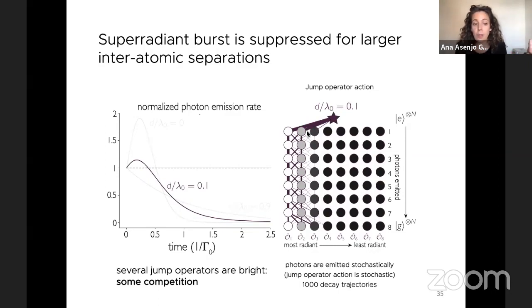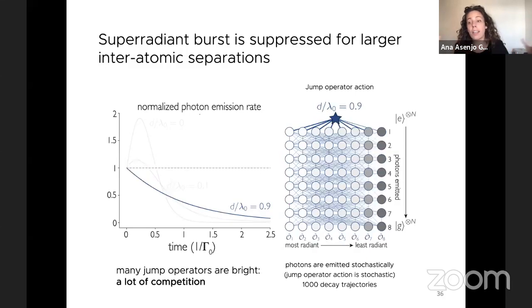This produces dephasing. When we have an even larger distance, most jump operators are as radiative as each other, which means they all act at more or less the same rate. This produces the suppression of the superradiant burst.